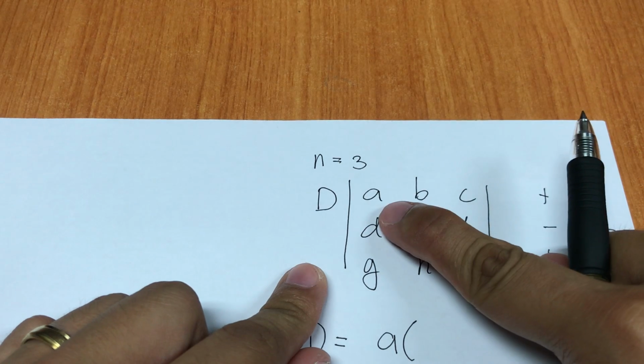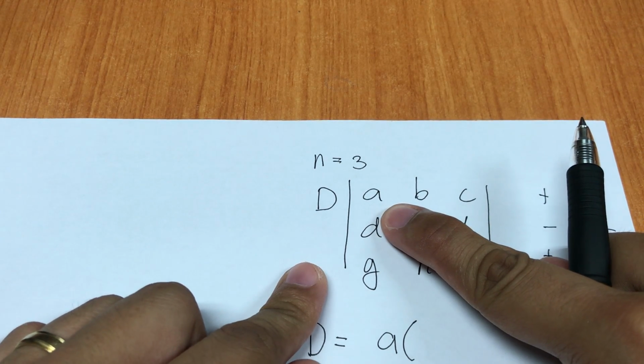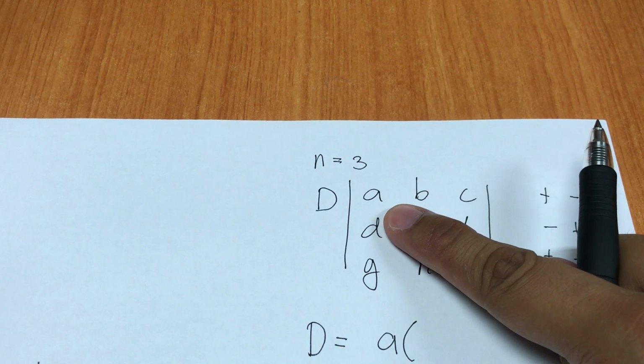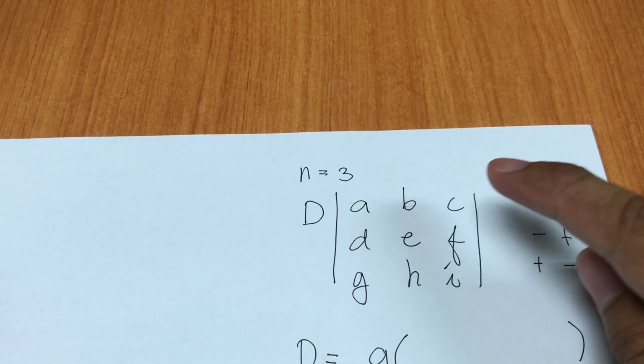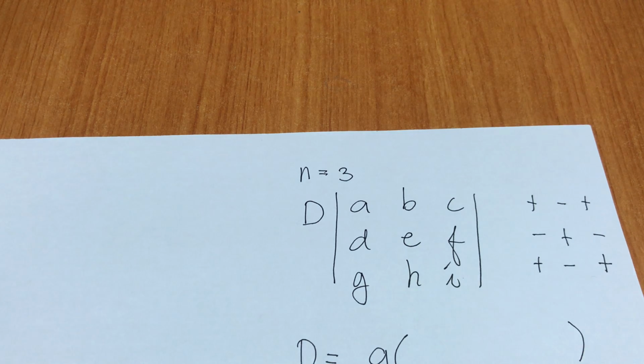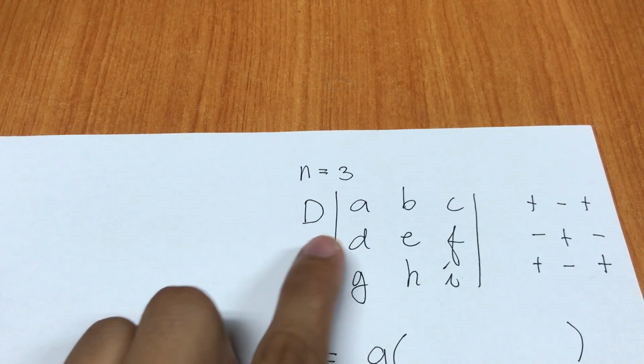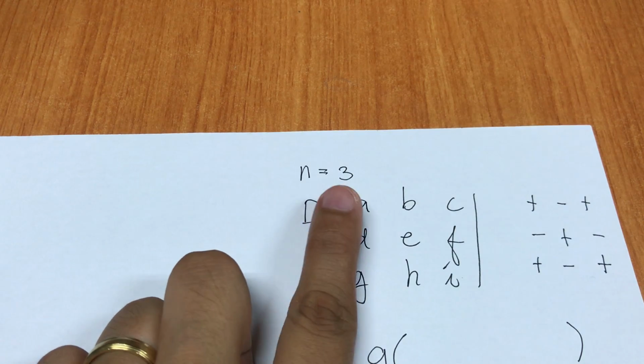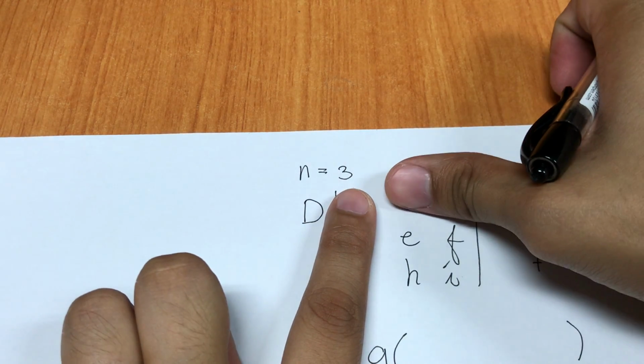So, if si A atong gamiton, ang technique daw ani is tabunan ang iyahang mga rows and columns. Tungod kay first element siya, so tabunan na to ang first column and first row.